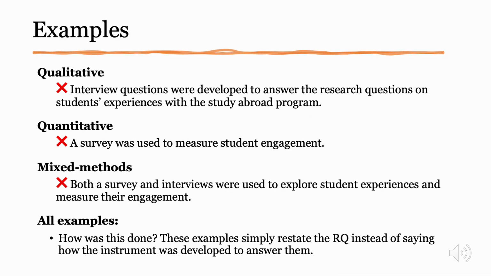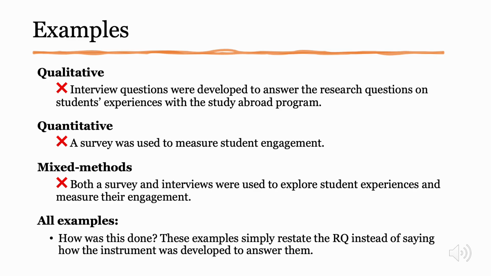Here are a few examples of weak explanations. For a qualitative study, a researcher may say that interview questions were developed to answer the research questions on students' experiences with study abroad. Or for a quantitative study, they might say that a survey was used to measure student engagement.